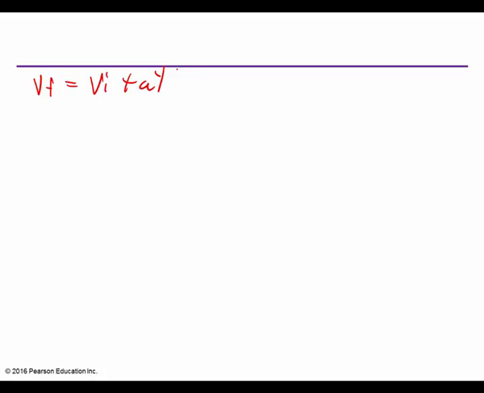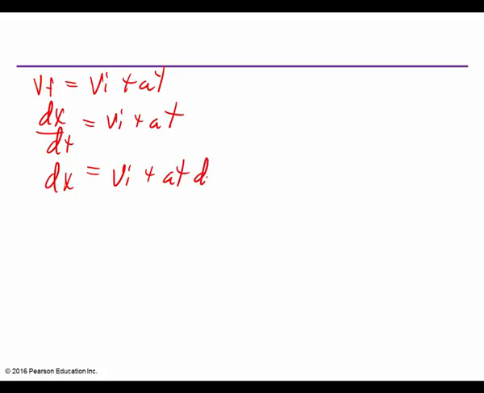Now, how do we get velocity by taking derivatives? It's dx over dt. That's how we find velocity. So dx over dt is equal to Vi plus at. Let's multiply both sides by dt and get dx is equal to Vi plus at dt.